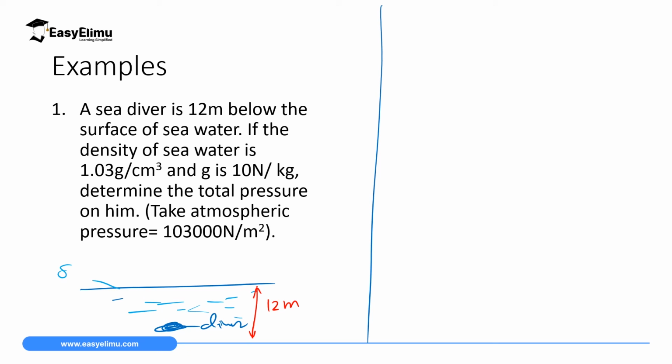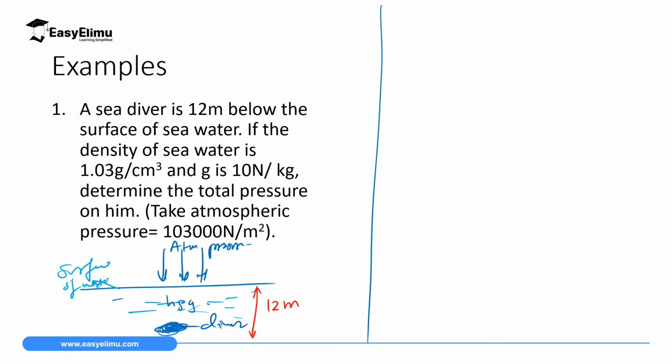Remember what we have said, anything which is on the Earth's surface will experience atmospheric pressure. So here we have atmospheric pressure. And then this diver is again inside water. He will experience pressure due to H rho g. So he will experience 2 types of pressures.